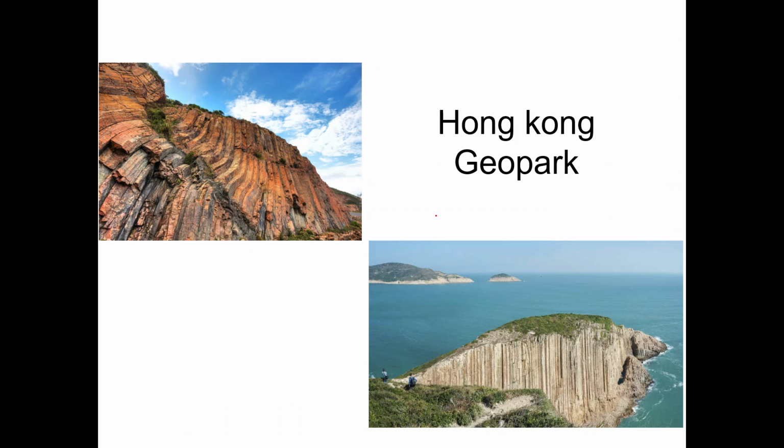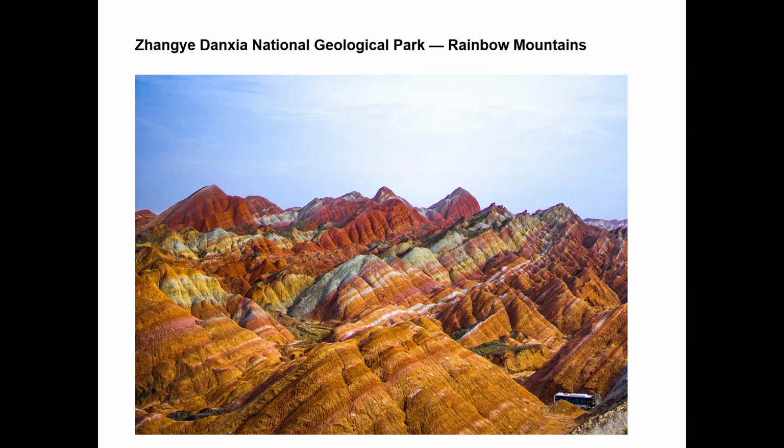Geological structure is also important in tourism, in Hong Kong, in Langkawi. They use the structure of geology as a tourist attraction. For example, here is a column of volcanic rock. This is in China, Zhangye Danxia National Park.